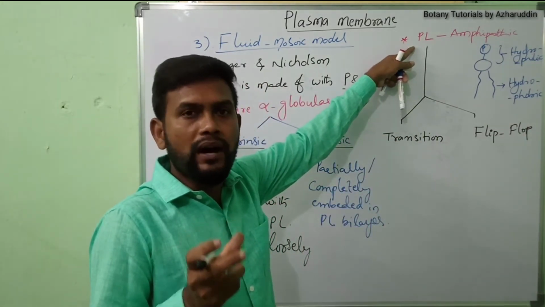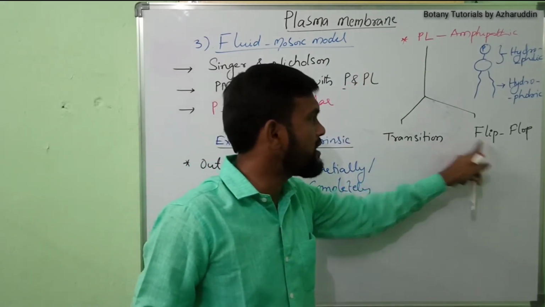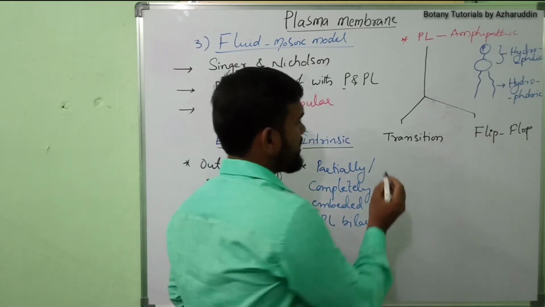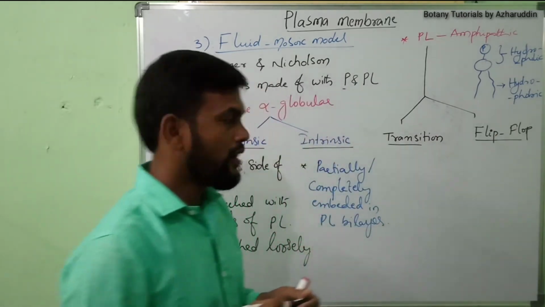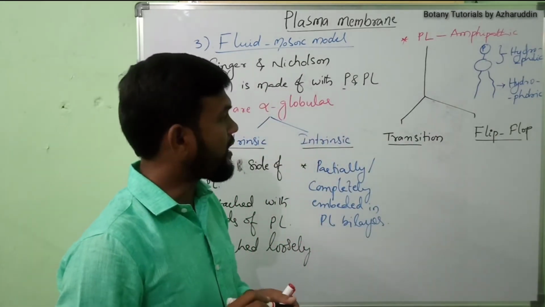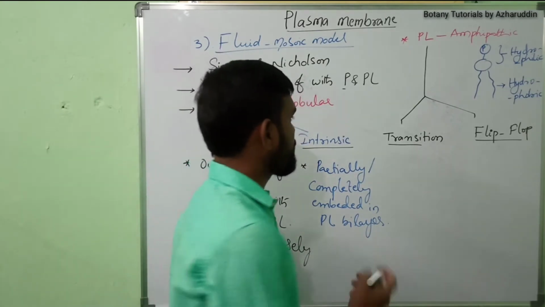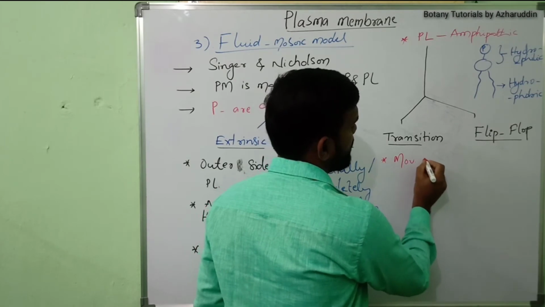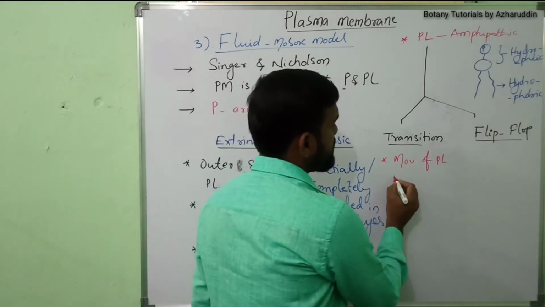In the lipid bilayer, phospholipids exhibit two types of movements, transition and flip-flop movement. What is transition movement and what is flip-flop movement? Coming to the first one, transition movement. Transition movement is nothing but movement of phospholipids in the same layer.